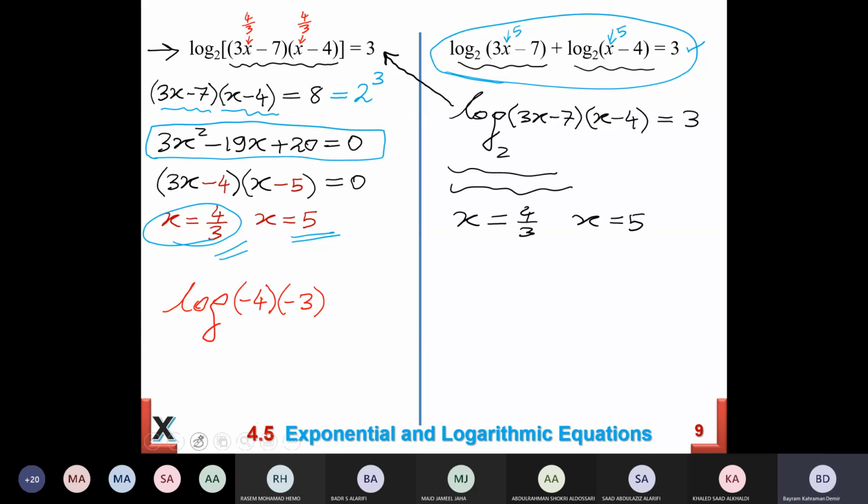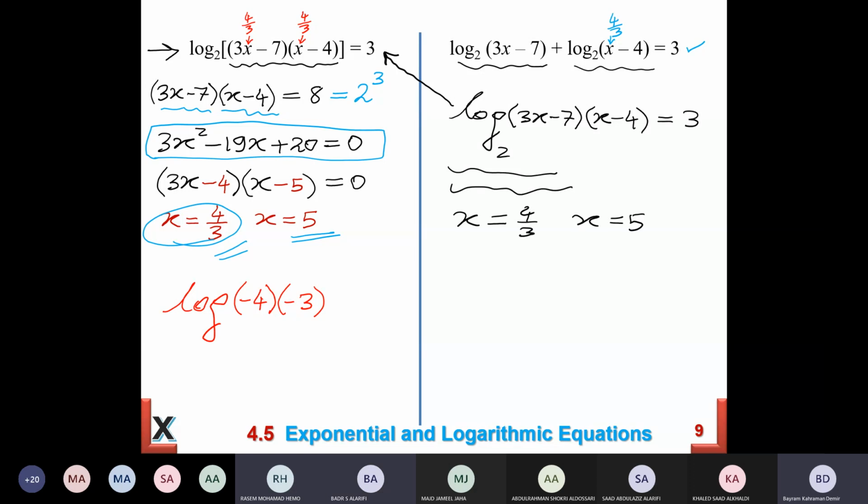But Shabab, the total doesn't equal 3, because 5 minus 4 is 1, and the logarithm of 1 is 0. So how about the other one? Suppose x is 4/3. Can you replace 4/3 here?